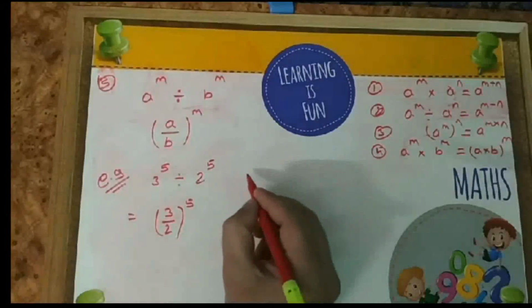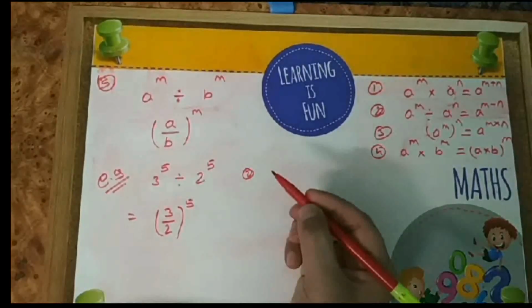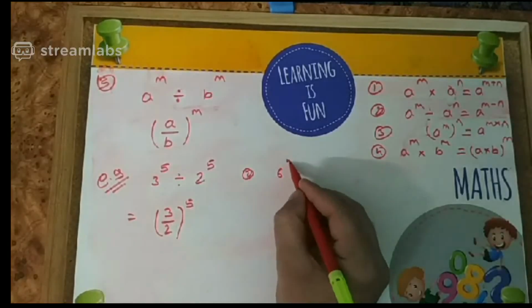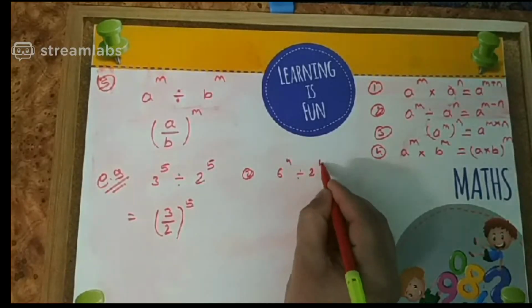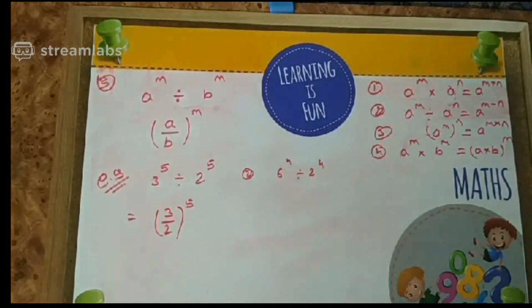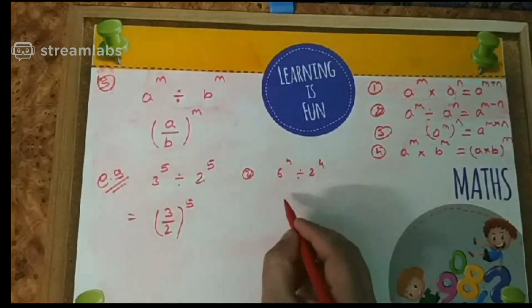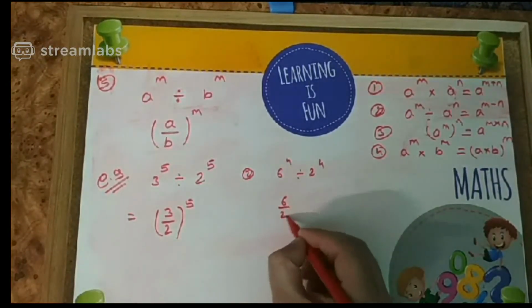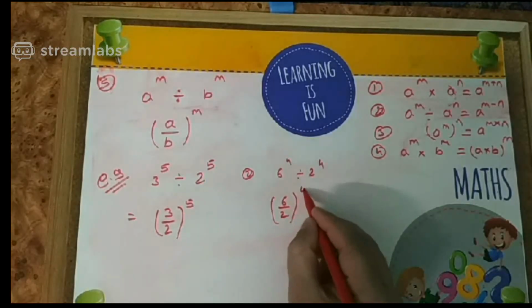I am taking one more example. Example number 2: 6 power 4 divided by 2 power 4, where you can see that the base is different but the power is the same. So again, 6 upon 2, power 4.